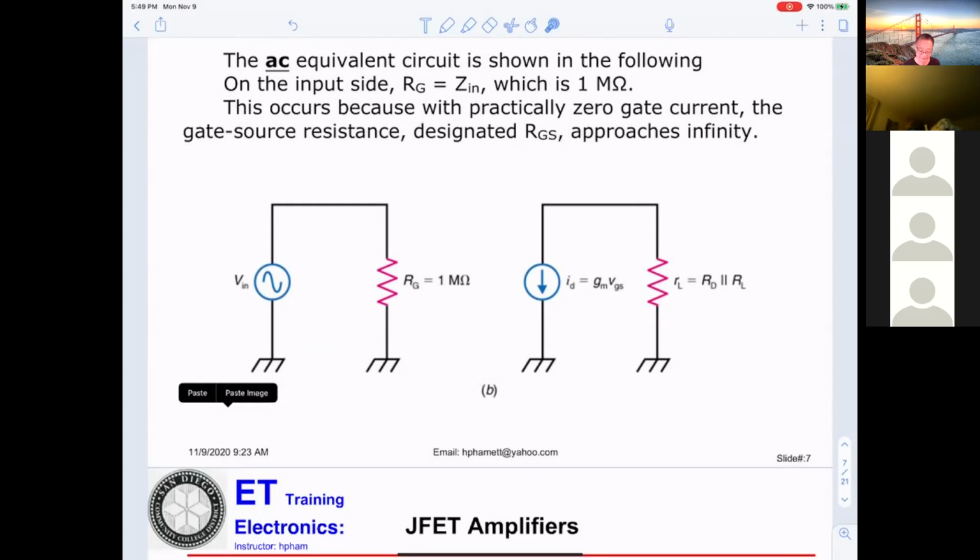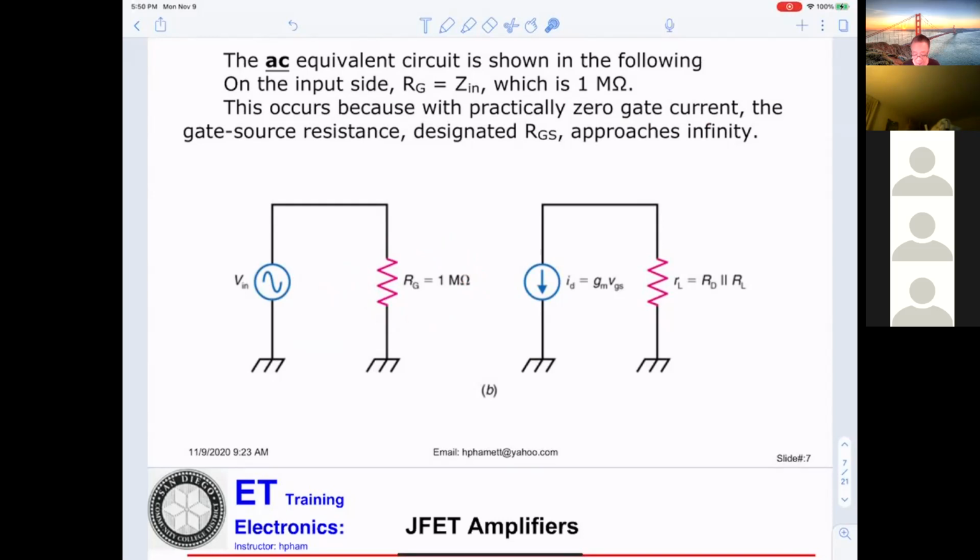If you calculate the input resistance, looking from the source into the amplifier, the input resistance in this case will be 1 mega ohm.